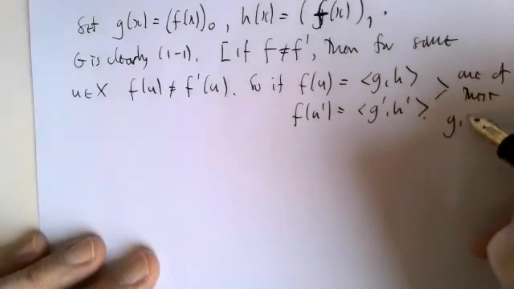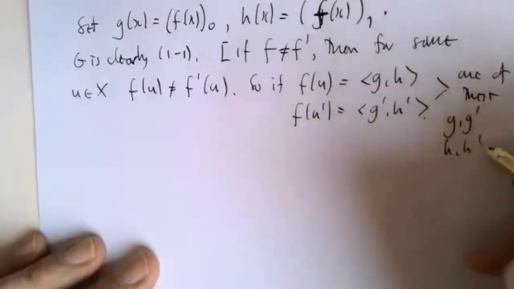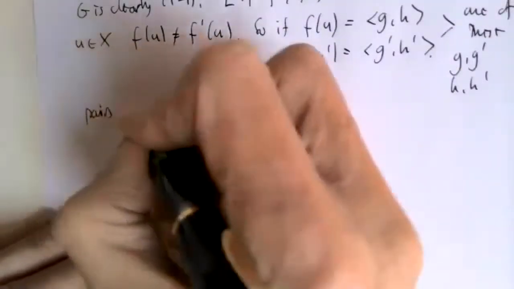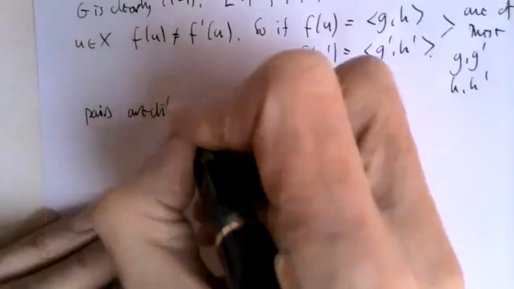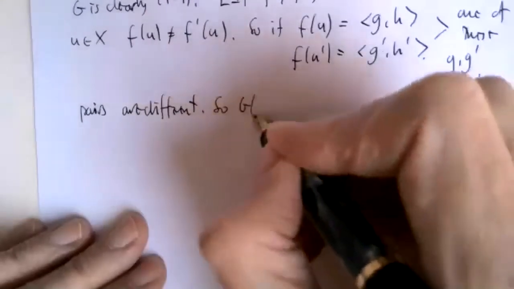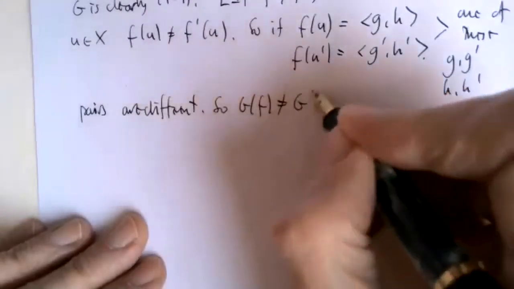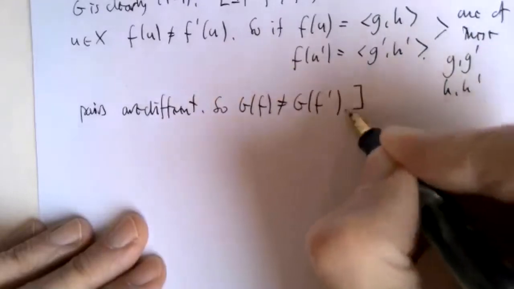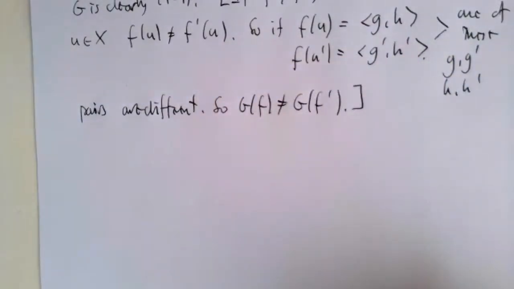One of these pairs is different, at least one. So G of f can't be the same as G of f prime. So it's one-to-one.